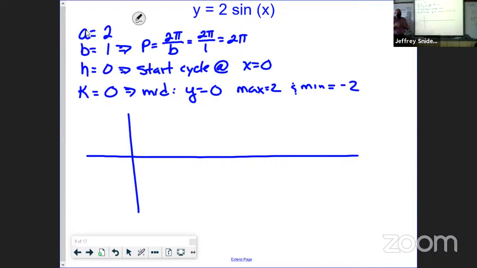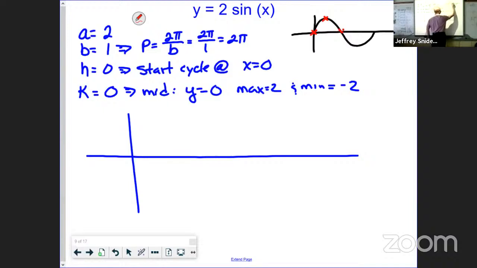I'm going to show you where they're at. The important parts of the graph, and this is a sine curve, and as soon as you see a sine function, you immediately need to see this shape in your head. That has to happen in your head for a cycle of sine. The important values are these: 1, 2, 3, 4, 5.